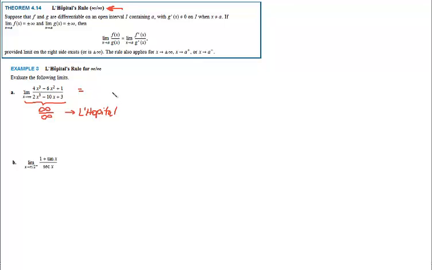I will then say that it equals the limit as x goes to infinity of the derivative of both the numerator and the denominator, and I'll write that down. Once again, I'm going to try to plug in infinity, and you'll see that I get this infinity over infinity case here, which means I can use L'Hopital's rule one more time.